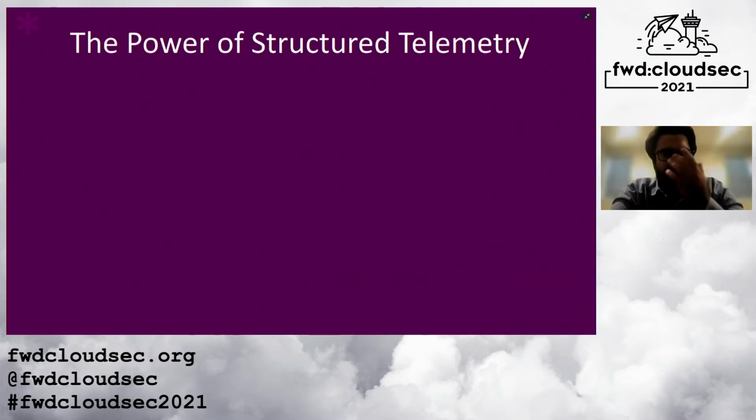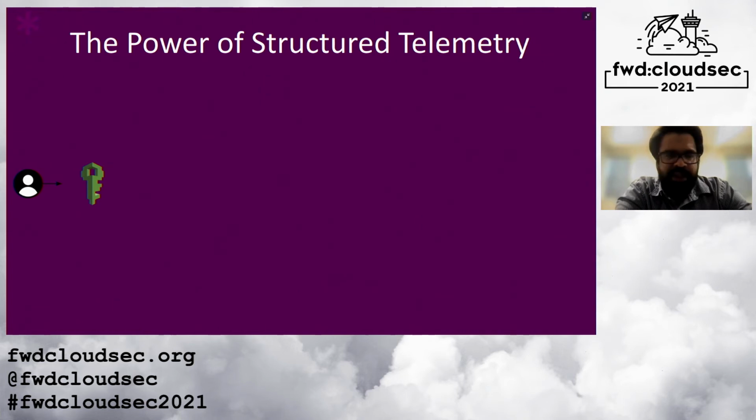Now I'll show you a use case, right, which will show us the power of structured telemetry, right? And this would combine osquery and Cloudquery both. So take, for example, I am a really disgruntled employee, right, or any attacker from outside, and they may have access to AWS credentials.